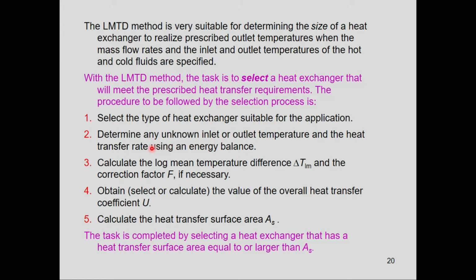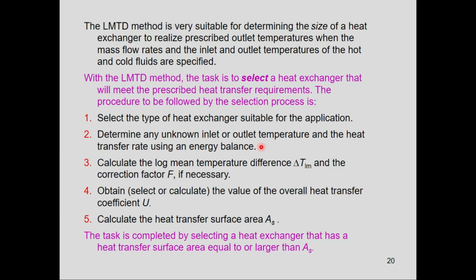And the second is to determine any unknown inlet or outlet temperature and the heat transfer rate using the energy balance. First is the selection of the heat exchanger for that particular application. Second step is to determine either the unknown temperatures or the heat transfer rate using the energy balance. I have already explained the energy balance in the previous slides, you can have a look as well.